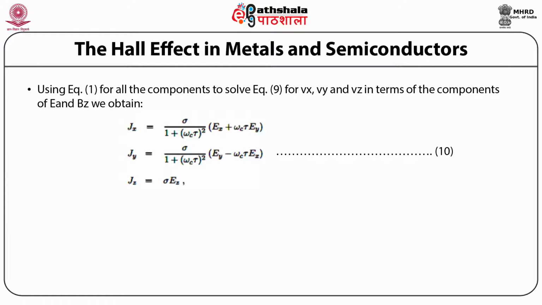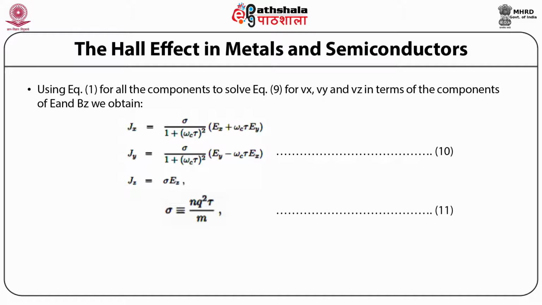Jy is given by sigma/(1 + (omega_c tau)^2) multiplied by (Ey - omega_c tau Ex). Jz = sigma Ez. This is represented as equation 10.